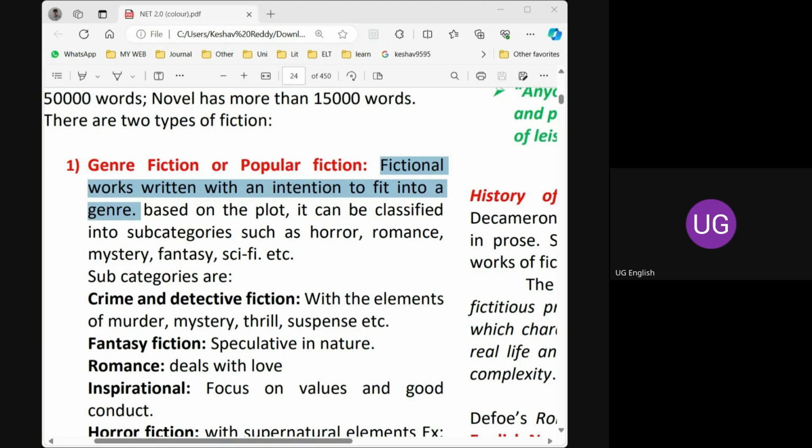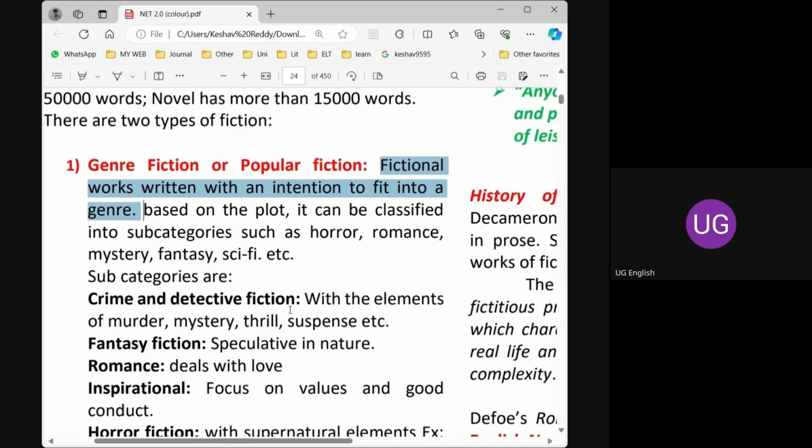And yes, genre fiction is nothing but fiction which is already written with a motive, or it can be segregated into a subcategory. So in some novels, and even in movies, we can see that some movies are comical, some are romantic, some are mystery, some are detective, some are fantasy, some are based on scientific fiction, that is the future world, and some are horror movies.